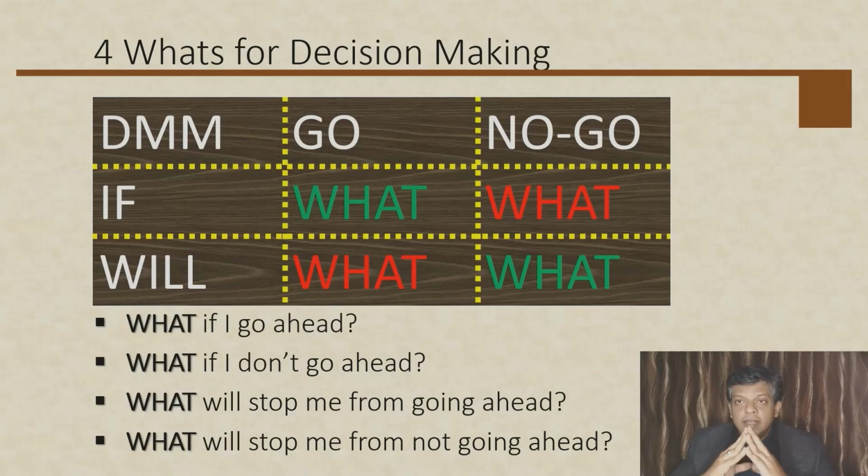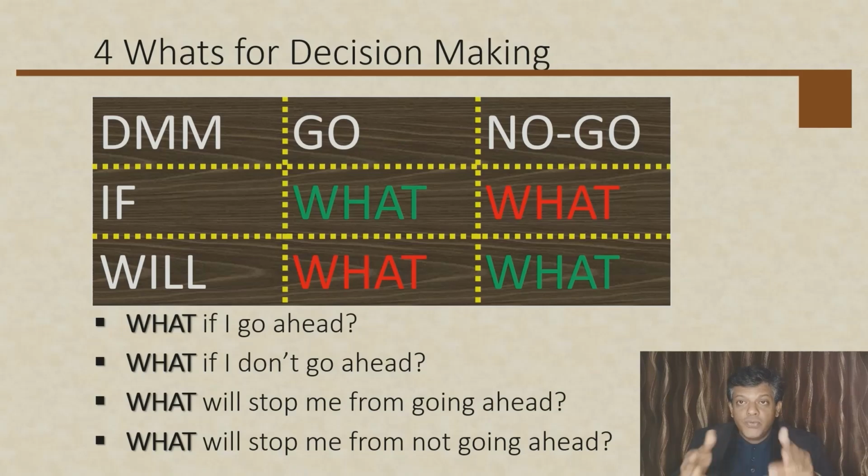Now, when you're doing these steps, what do these 4 different whats actually mean? The what if part is going to help you analyze the consequences of performing a particular action or not performing that particular action.